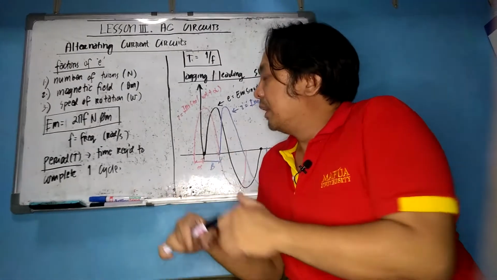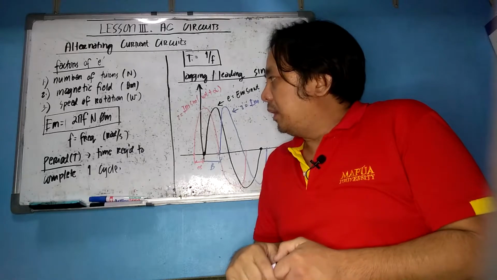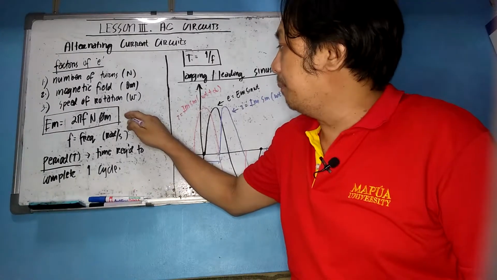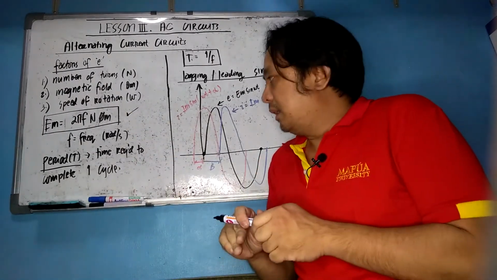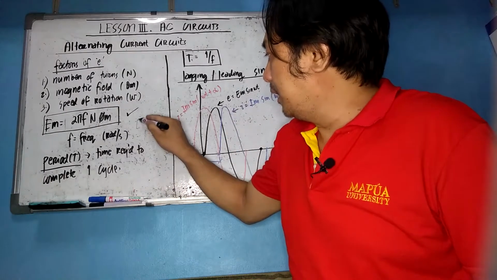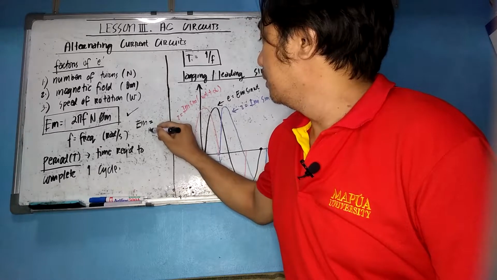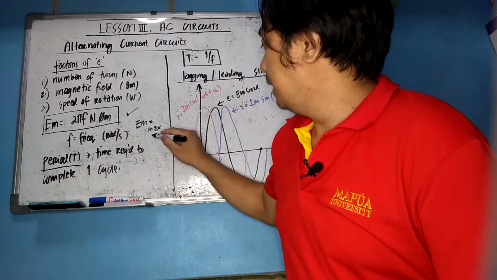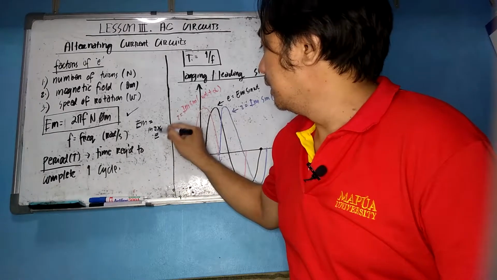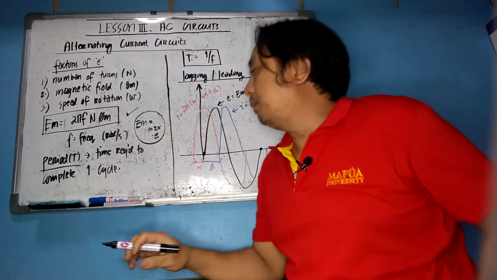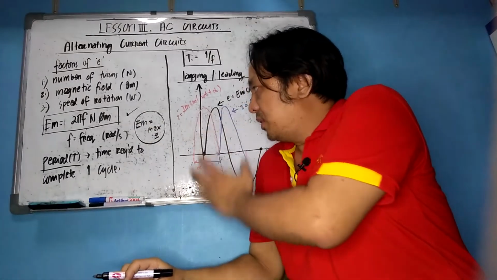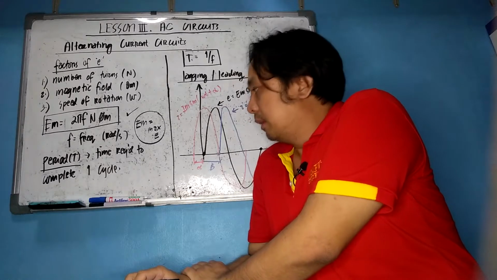And if we combine them in an equation, we have here this Em. Em again is the magnitude or the maximum value of e, or the peak to peak value, and the f is the frequency in radian per second.